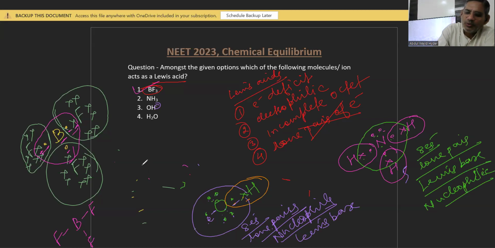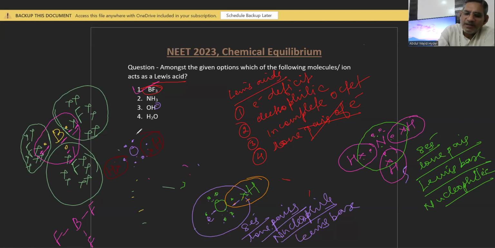What about the H2O? H2O, again the same as it was in OH minus. This oxygen is having 2 unpaired electrons and 2 lone pairs. Two hydrogen atoms will be having two unpaired electrons, one hydrogen atom here and one hydrogen atom here. These two unpaired electrons of hydrogen will overlap these two unpaired electrons of oxygen.